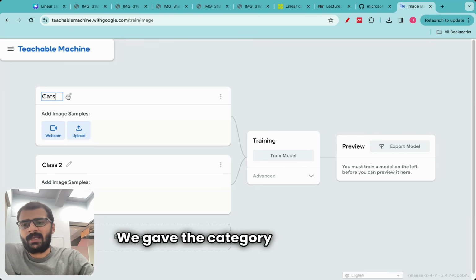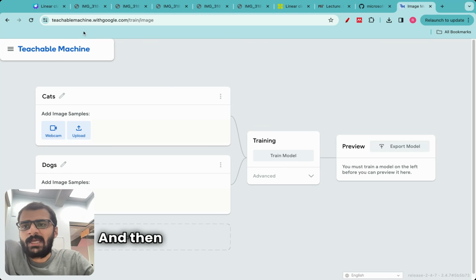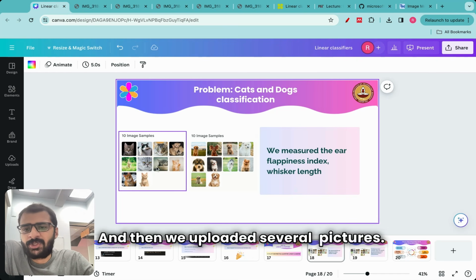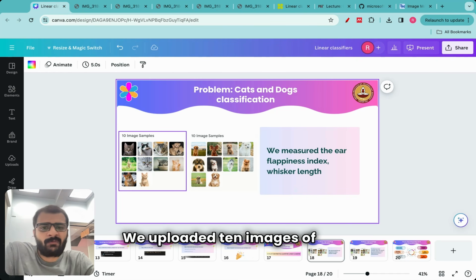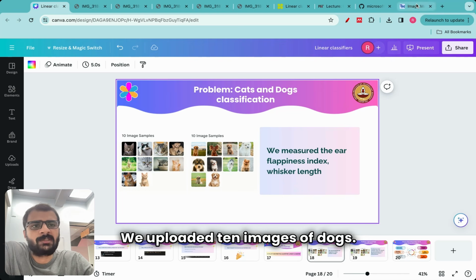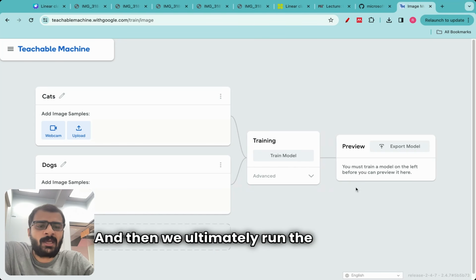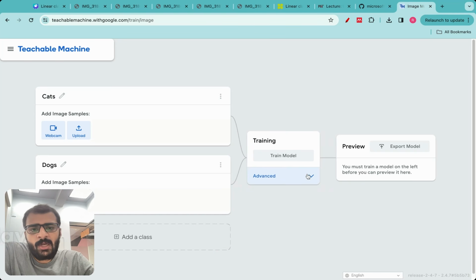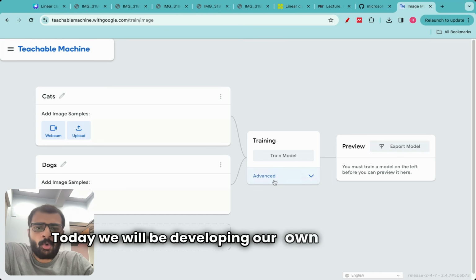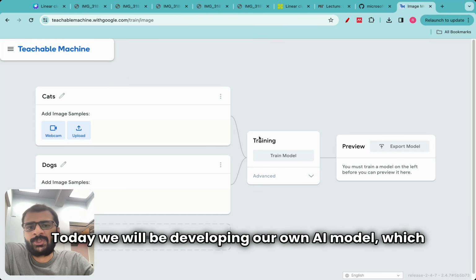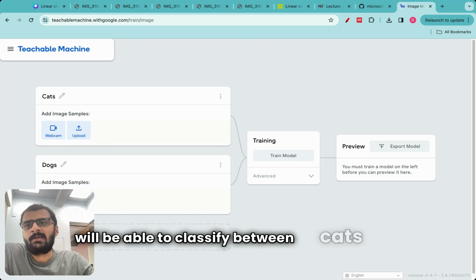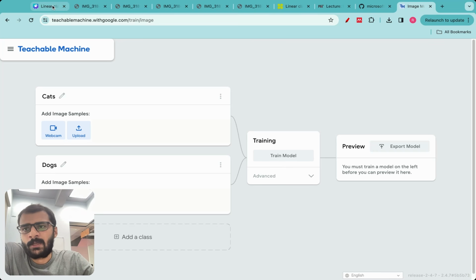We gave the category 1 as cats, we gave the category 2 as dogs, and then we uploaded several pictures. We uploaded 10 images of cats, we uploaded 10 images of dogs, and then we ultimately ran the AI model. Today we will be developing our own AI model which will be able to classify between cats and dogs.